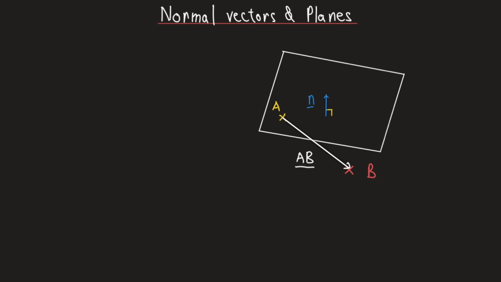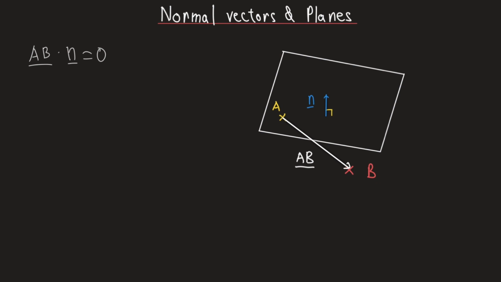So orthogonal is the equivalent of perpendicular but for vectors. Mathematically speaking, this means that our vector AB dotted with our normal vector to that plane n has to be 0, because this statement means that the two vectors are orthogonal. But why is that actually the case? Why do the vectors have to be orthogonal?